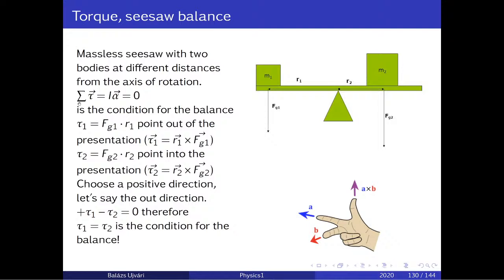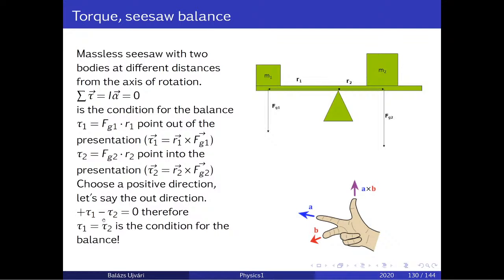The condition for the balance is that the sum of the torques is 0, so this torque goes towards you. Let's find out the direction of this torque 2. Use your right hand, so r2 is this finger, weight is this finger, and if you play with your right hand, that will show you that this torque vector is opposite to the previous one. Its nominal value is, since the angle here is again 90, weight 2 times r2.